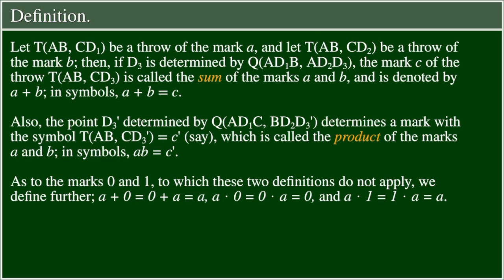As to the marks 0 and 1, to which these two definitions do not apply, we define further: a plus 0 is equal to 0 plus a is equal to a. A times 0 is equal to 0 times a is equal to 0. And a times 1 is equal to 1 times a is equal to a.